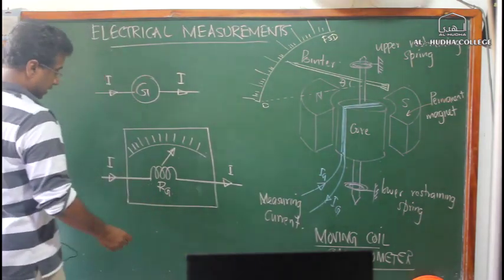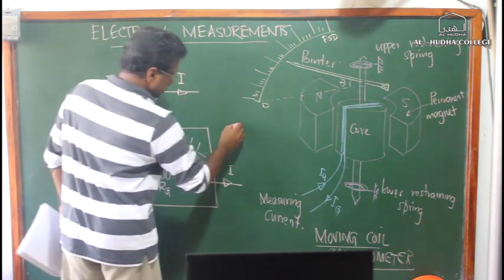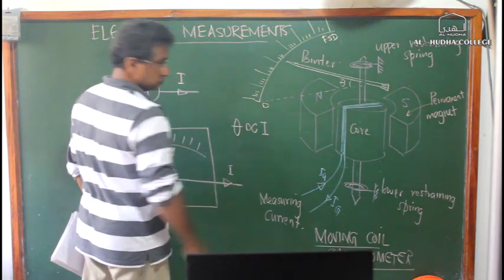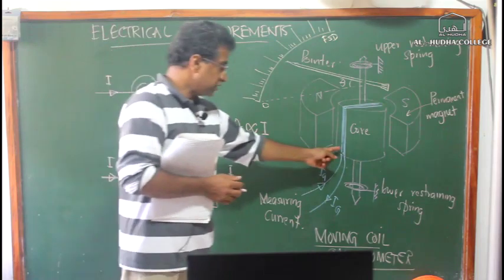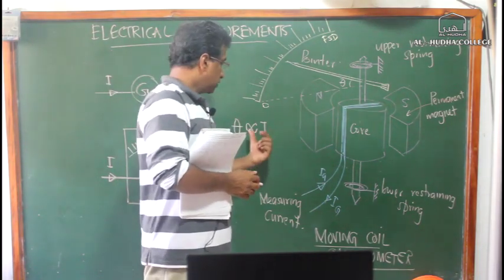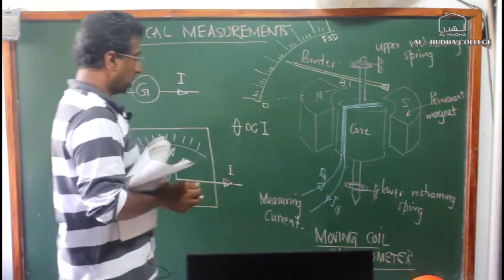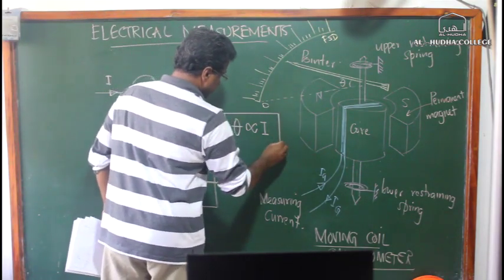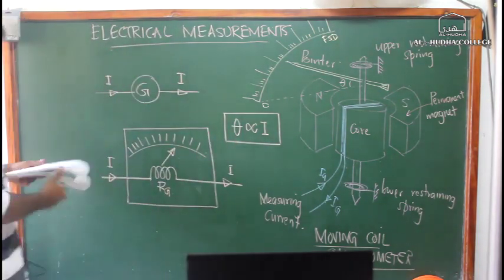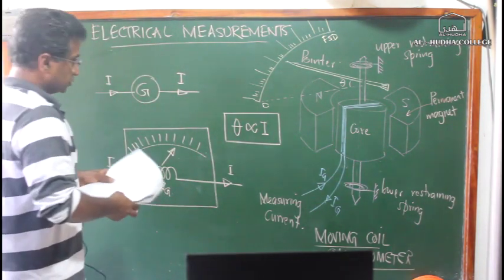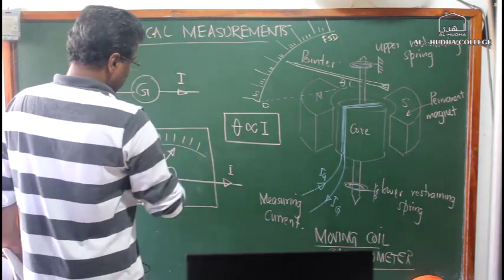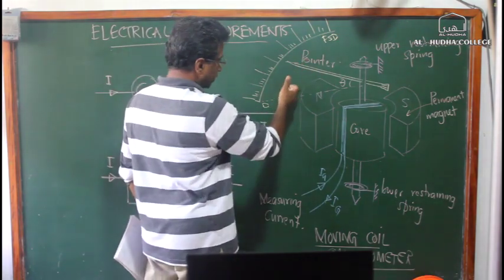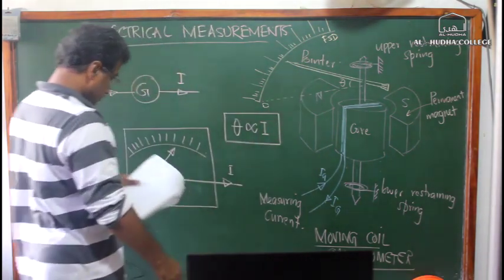So we can mathematically write this theta proportional to I, because the magnetic force is proportional to current, therefore the theta is proportional to I, right? So this is the most important information that we get from this diagram, right? Any deflection is proportional to current, and if you remove the current, when the current is 0, deflection is 0, therefore the pointer will come back to original position, right?